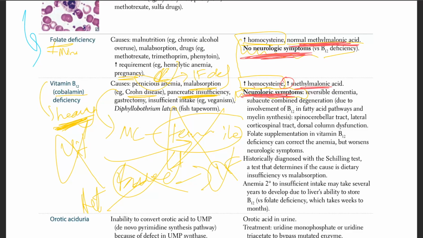Pancreatic insufficiency. Remember your GI: you needed the pancreatic proteases to come down and release that R binder that was attached to the vitamin B12.